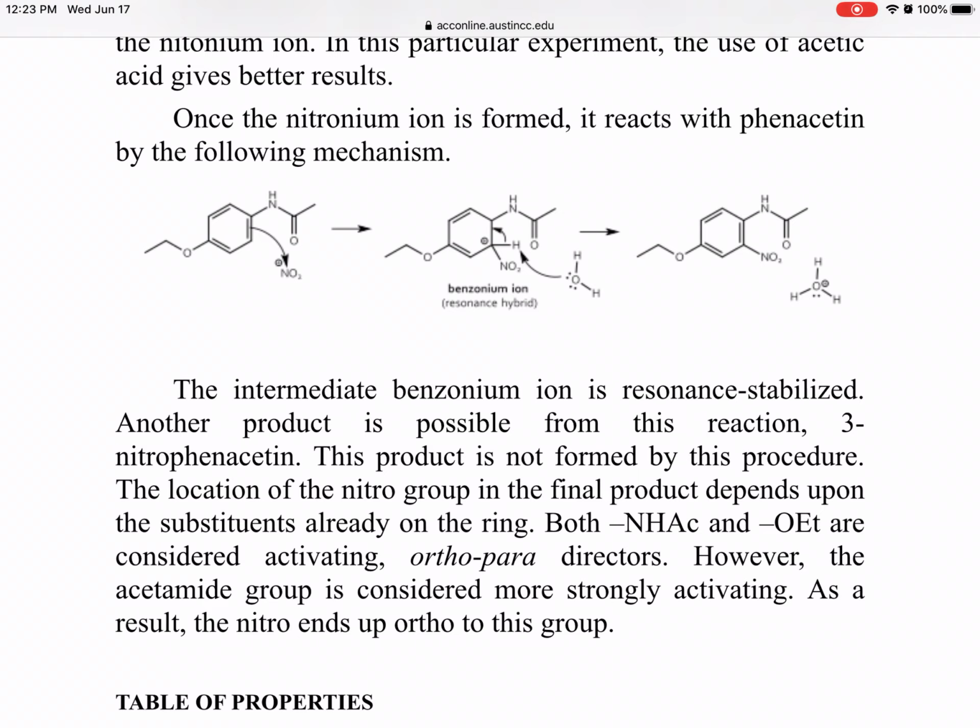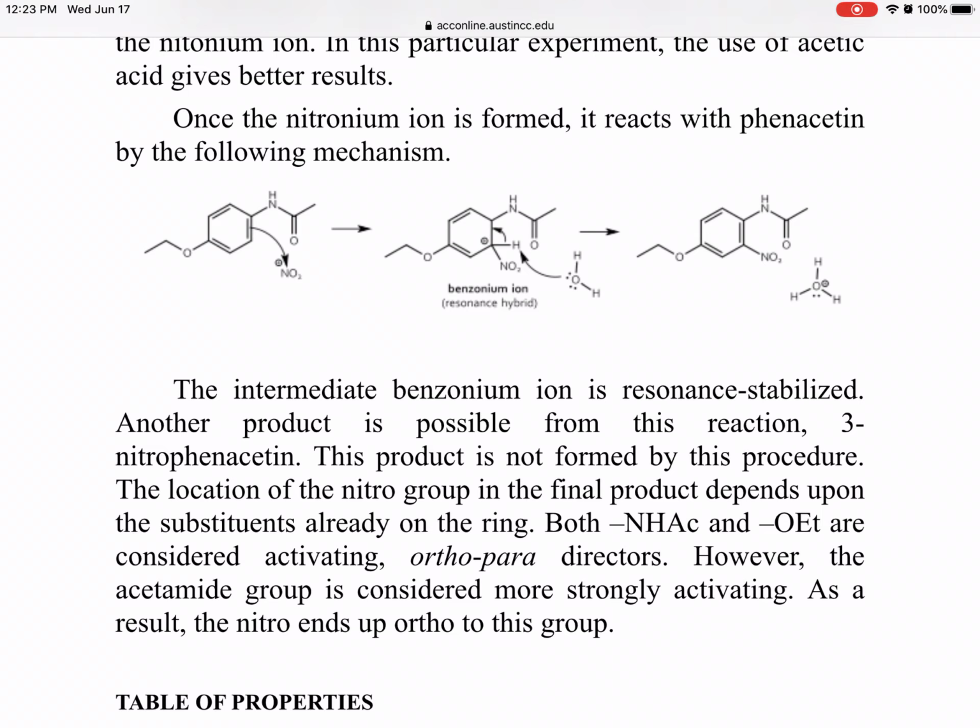I believe we're going to be doing organic in this section about the phenol or the benzene aromatic chemistry. We'll talk more about it during that time also. So the nitro group will end up on the ortho position to the amide group.